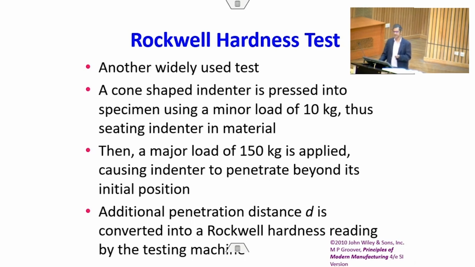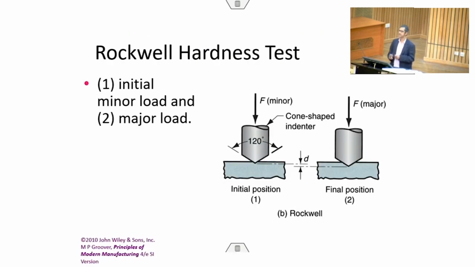Then you can measure the depth, and from the depth you can calculate the hardness. So you see that this is the indenter, and if you apply load, it makes a depth. Sorry, this is the depth, not this one. This depth is what is used for the measure of hardness.